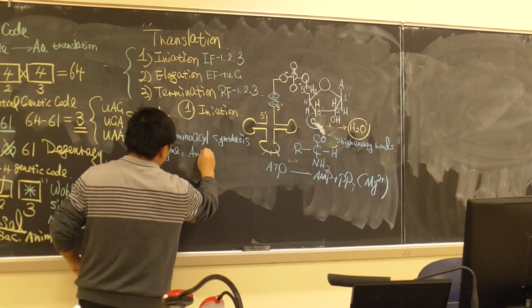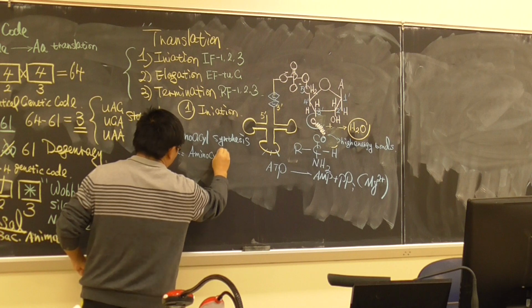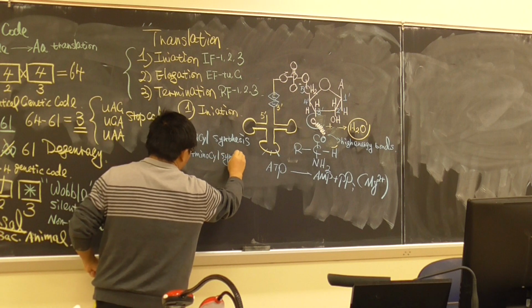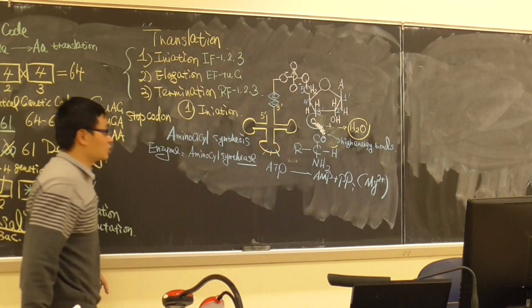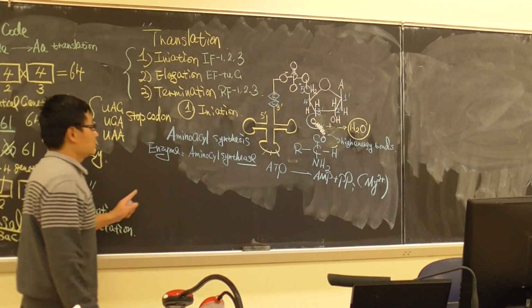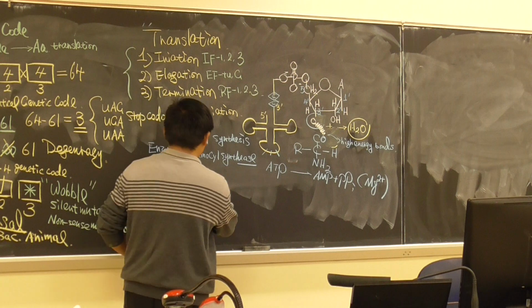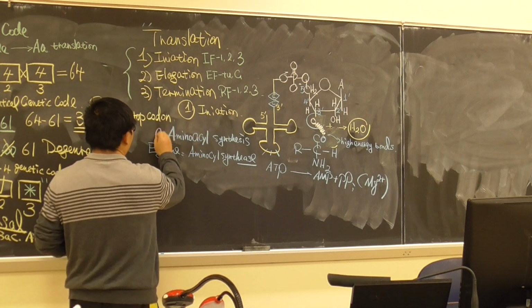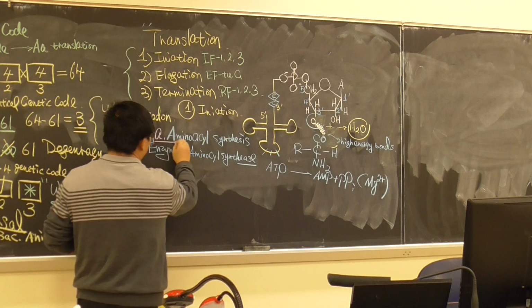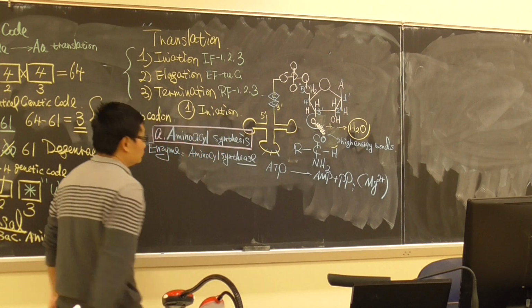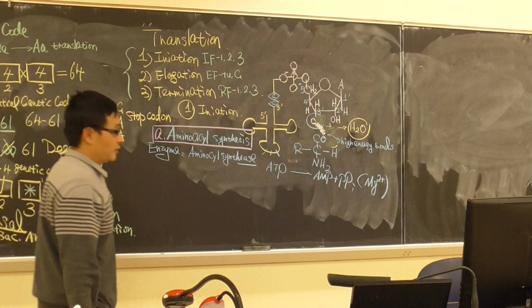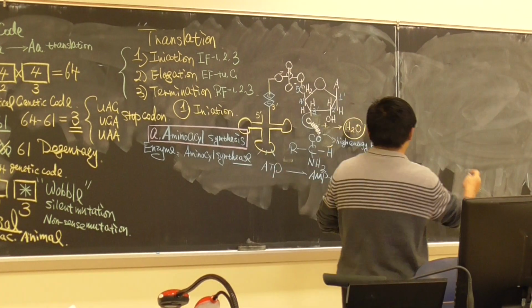It is aminoacyl synthetase. When you see ASE, it's an enzyme. Okay, this is the first thing you need to know: what is called aminoacyl synthetase. This is number 1, some basic knowledge. Okay. Then we talk about initiation.